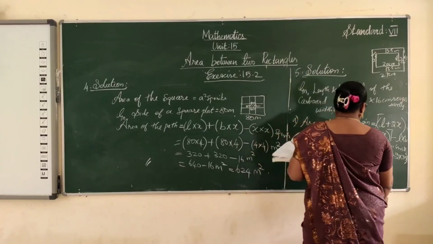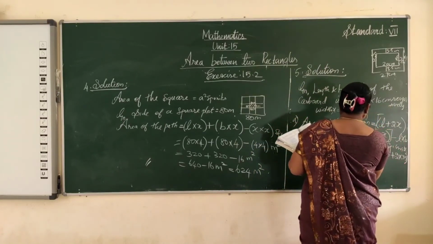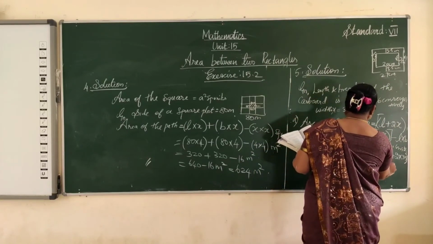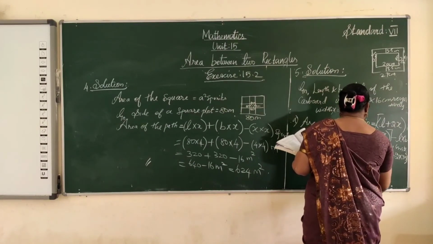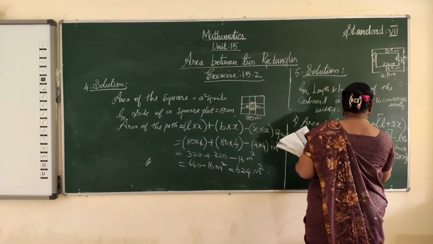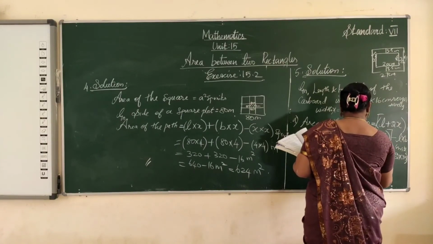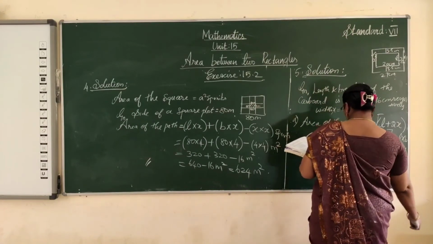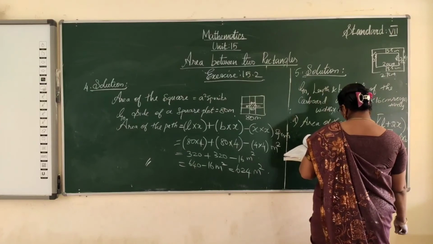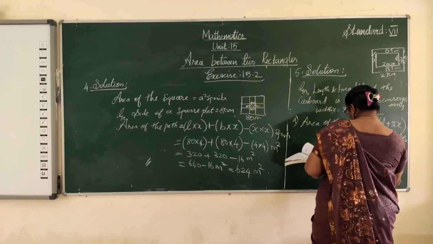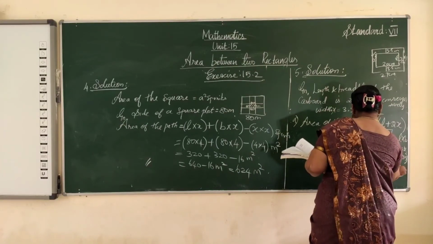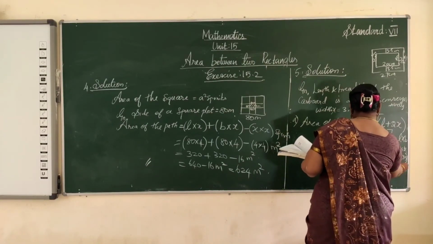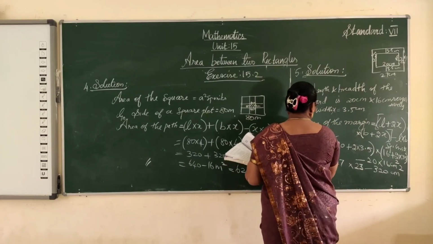Okay, minus L into b, so 20 into 16, 320 centimeter square.